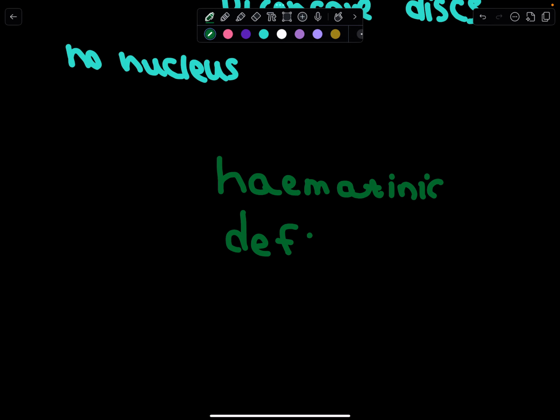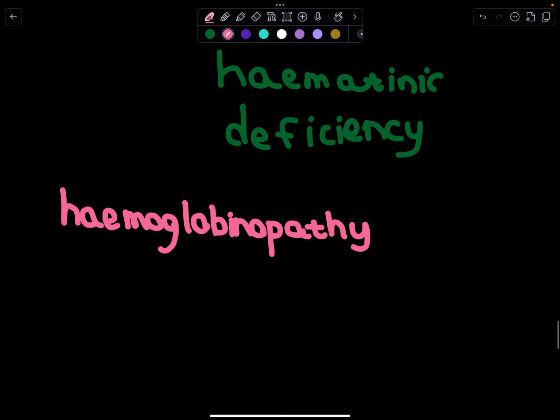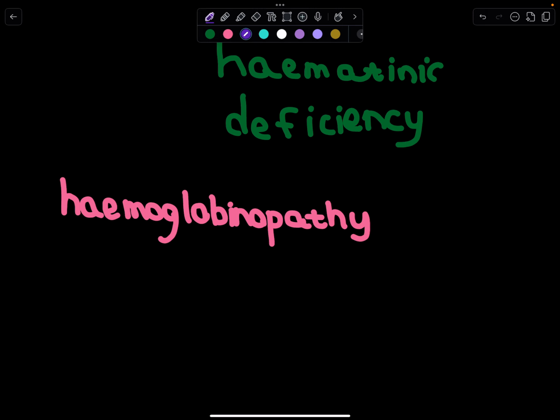Hematinic deficiency shows up as abnormal red blood cells due to low levels of iron, vitamin B12, or folate, often causing microcytic or macrocytic anemia. Hemoglobinopathy involves genetic defects in hemoglobin structure, like sickle cell disease, leading to misshapen cells visible on the film. Hemolysis appears as damaged or fragmented red blood cells caused by conditions like autoimmune disorders or mechanical stress, indicating the cells are breaking down too fast.